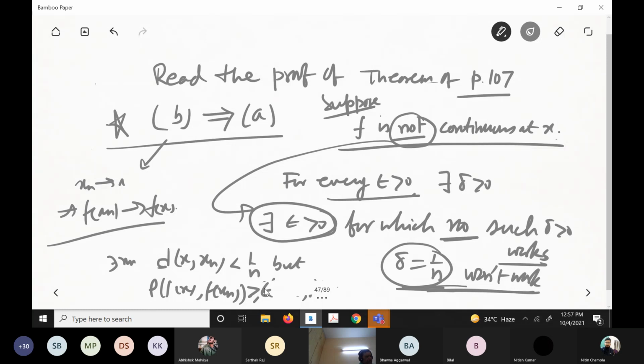For each n you are getting this, so you are getting a sequence x_n, and since this is less than 1/n, that is the trick.